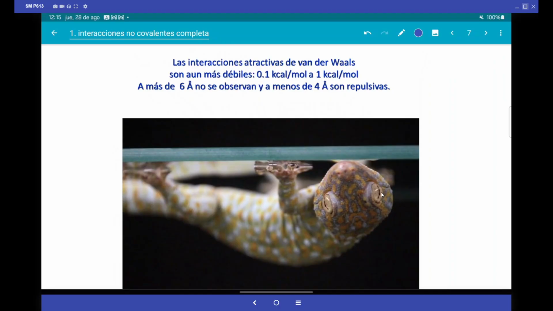The energy fluctuates from 0.1 kilocalories per mole to 1 kilocalorie per mole. It says that more than 6 angstrom are no longer observed. That is 6 angstrom of distance, and less than 4 angstrom are repulsive type interactions.